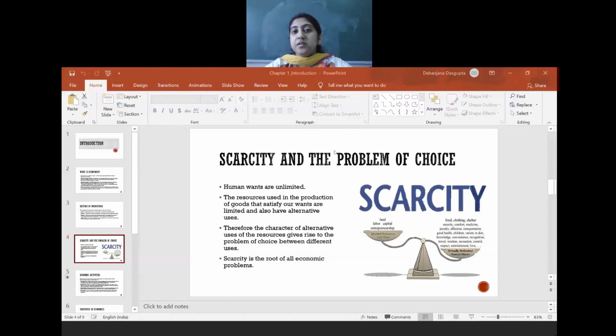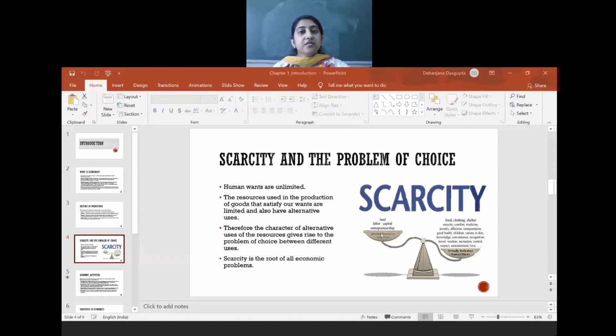So there comes the problem of scarcity. That is, the resources that we have, that is land, labor, capital, and organization or entrepreneurship, are limited, they are not unlimited, but our wants are unlimited. As you can see in the picture, on one side we have the land, labor, capital, entrepreneurship, whereas on the other side we have so many alternative uses in which we can use these four factors of production.